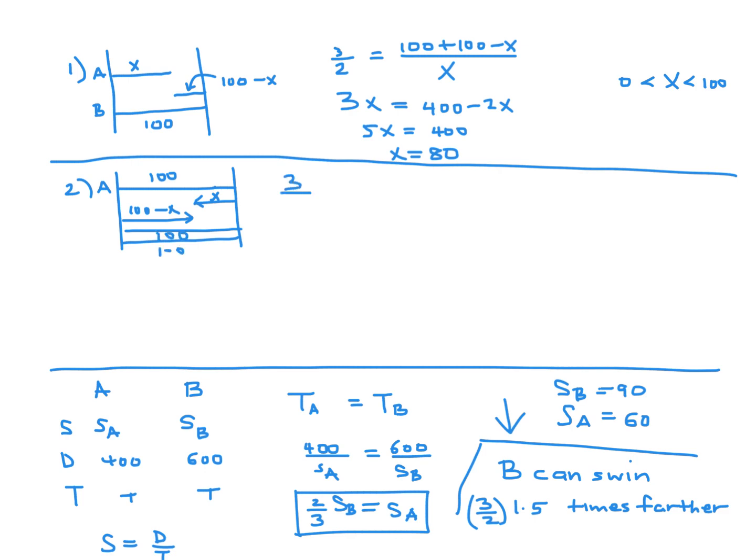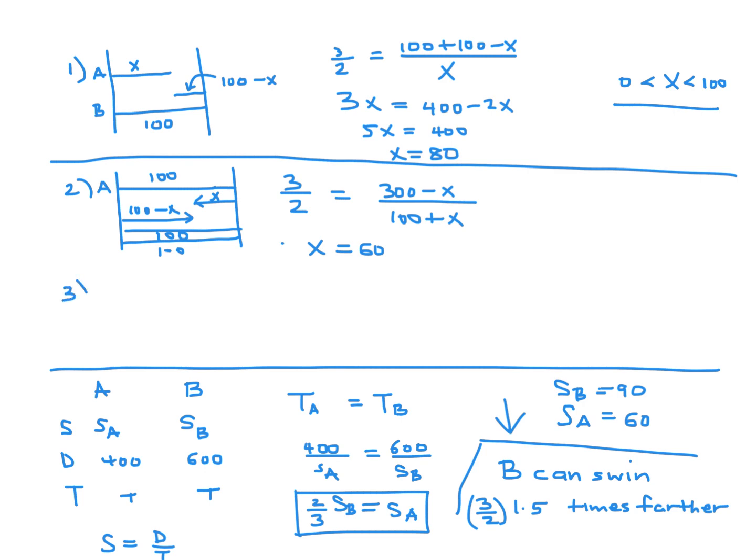Again, same thing, 3 over 2. 300 minus X, I believe, is the total distance for Betty, and for Alice, it looks like 100 plus X. If you cross multiply, well, you do the math. I'll just give you the answer: X is 60 here. So again, it's valid.